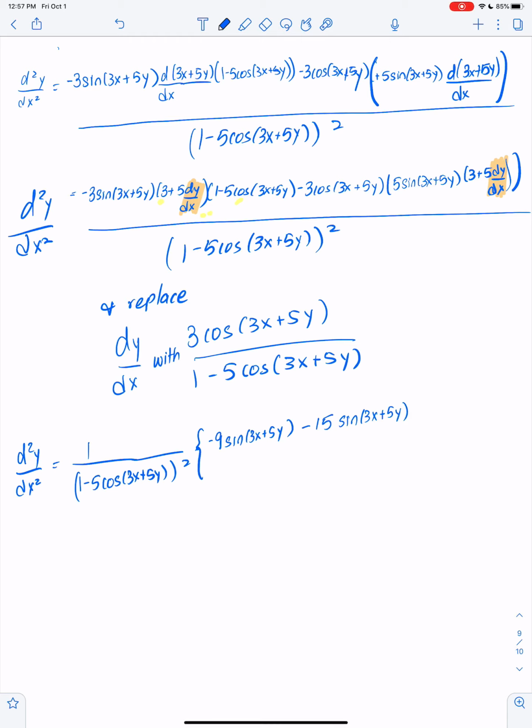Then you have to multiply it by the dy/dx, so you'll have 3 cosine 3x plus 5y over 1 minus 5 cosine 3x plus 5y, but that's just one of the parentheses. Then you also still have to multiply it by 1 minus 5 cosine 3x plus 5y.